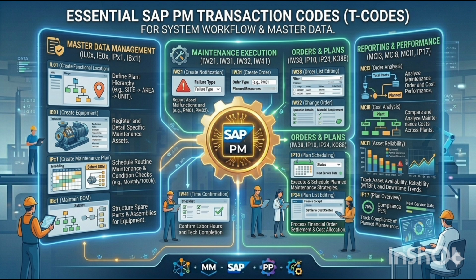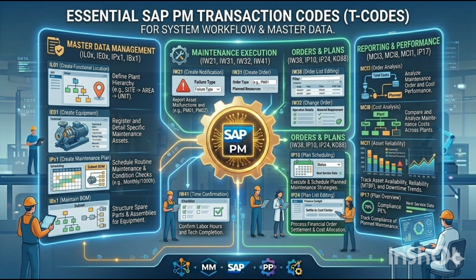Maintenance execution, IW21 for notifications, IW31 for orders, IW41 for time confirmation. Orders and plans, IW38 for list editing, IP10, IP24 for scheduling maintenance plans. In reporting and performance, MCY3 and MCI8 for cost analysis, MCI1 for tracking asset reliability and downtime trends.